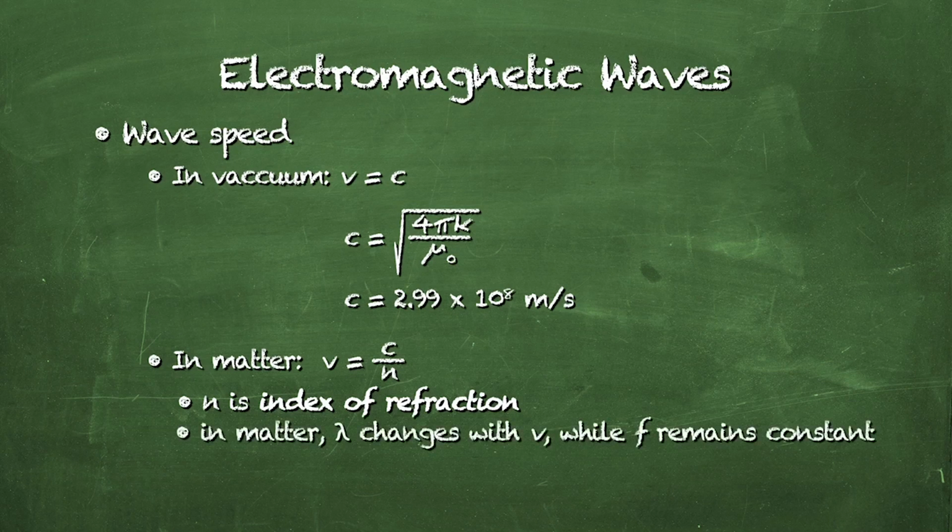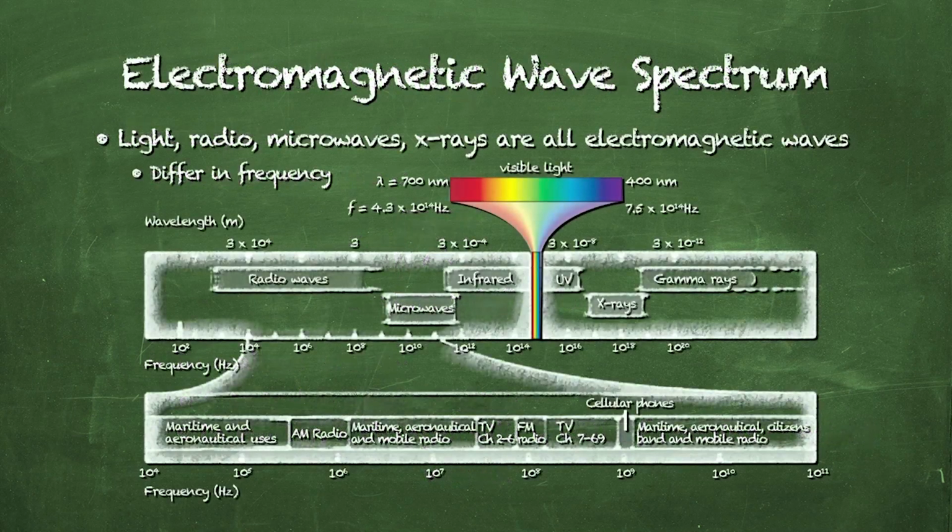Now, in matter, what happens is that the frequency remains constant while the wavelength changes proportional to the speed, so that the equation, wave speed is equal to frequency times wavelength, still holds, or V is equal to F times lambda. Light, radio, microwaves, X-rays, gamma rays, these are all electromagnetic waves.